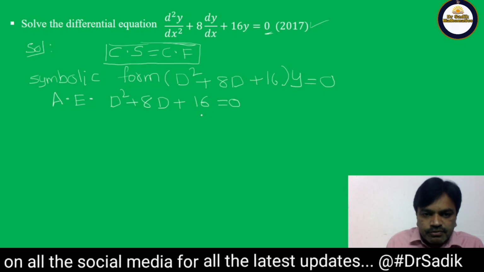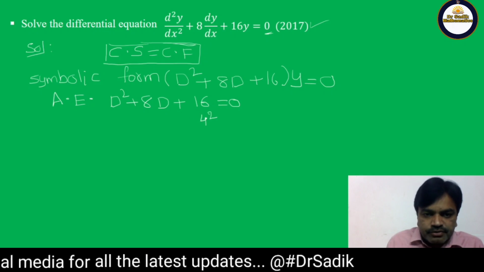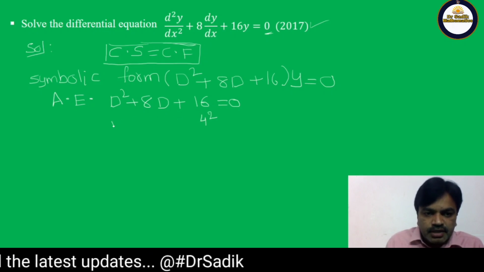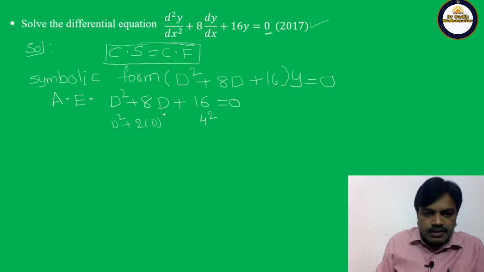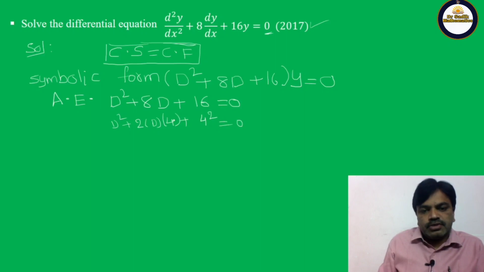Now this 16 can be written as 4 square. So it is D square plus 2 into D into 4 plus 4 square equal to 0. Now see, friends, a square plus 2ab plus b square is simply a plus b whole square.